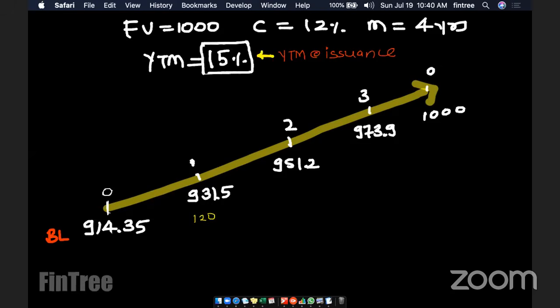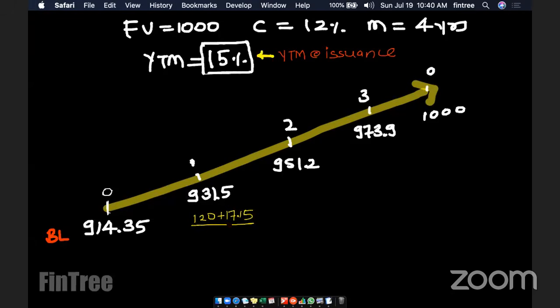How much is that? 17.15. So technically, as an investor, this is my earning. I've earned 120 plus I've earned that 17.15 in the form of some sort of capital appreciation. Now, this is my total earning in year one.